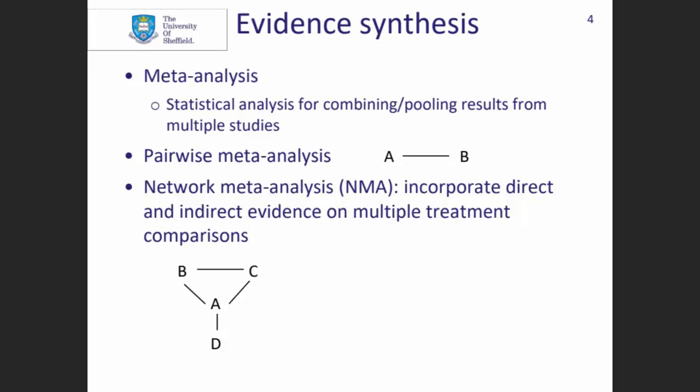It could also be informed by the indirect evidence from the study which compared treatment A and B and another study which compared treatment A and C. So these are the two main meta-analyses we use in HTA: either pairwise meta-analysis where there are only two treatments, or network meta-analysis when multiple treatments are involved.